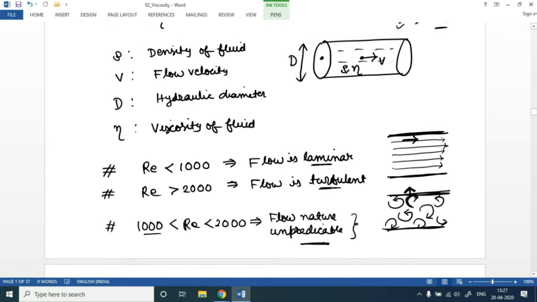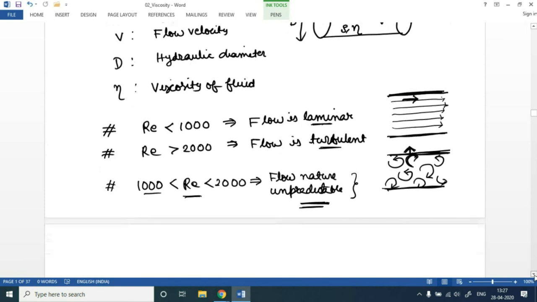If he knows it is turbulent, he can design his system to tolerate the turbulent flow as well. But if he is unable to predict the nature of flow, then he cannot utilize any design parameter. So it is very difficult to operate if the Reynolds number lies between 1000 and 2000. Please be advised about that.